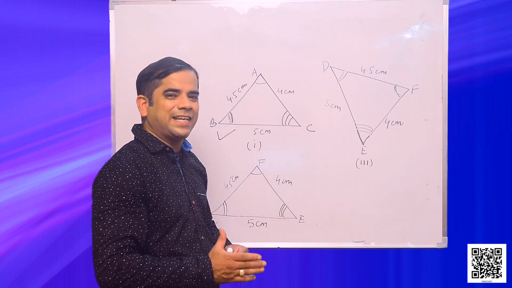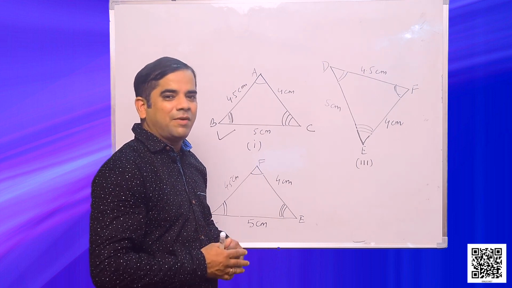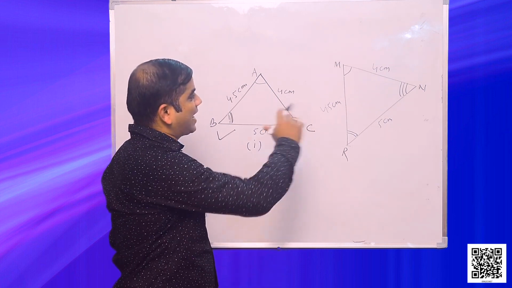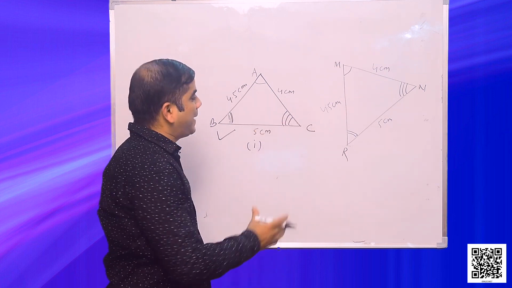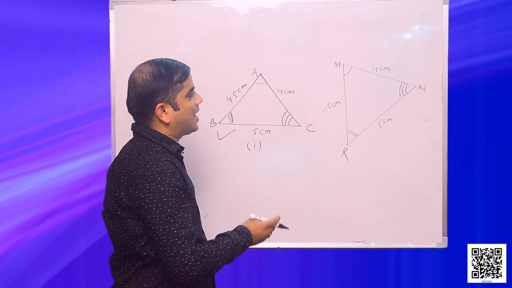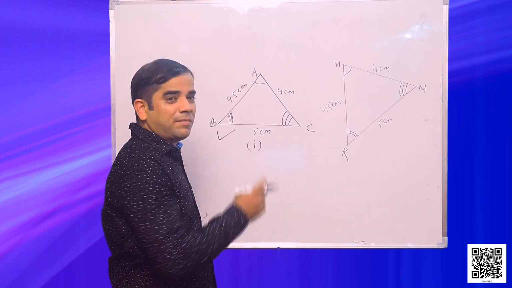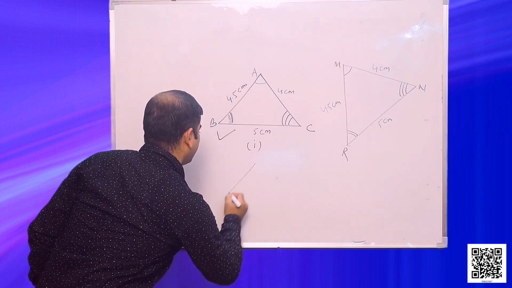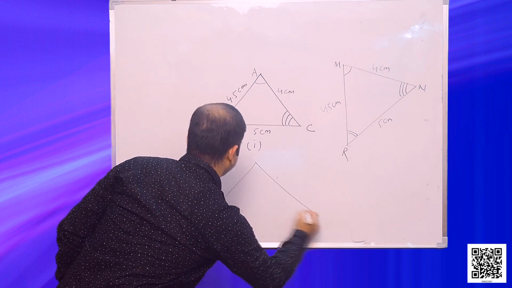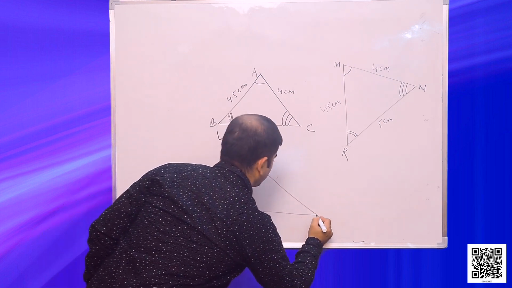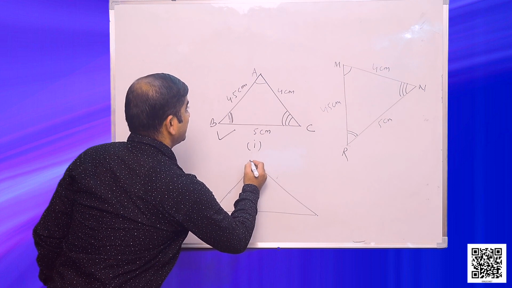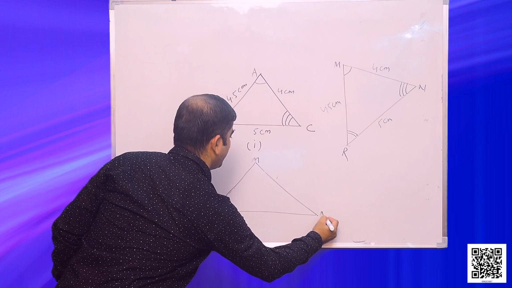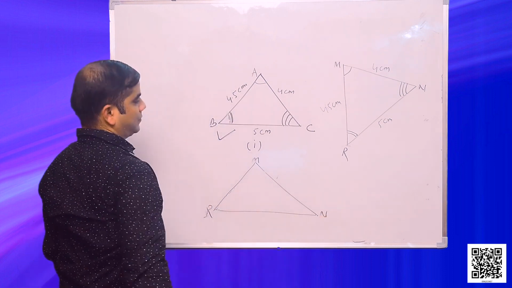Okay? Let us see what happens with triangle number 4. So students, if I rotate this triangle clockwise so that the base of the triangle becomes NR with the vertex M at the top of the triangle, we will have the triangle like this. So this is your M, N and R. Okay?